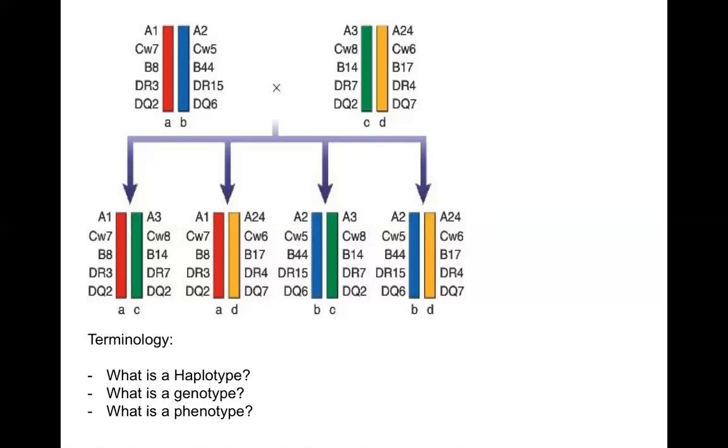The phenotype is what's actually expressed or observable. So if we go back to the hair color example, if the child inherits a brown color gene from dad and a blonde color one from mom, but the child actually has brown hair, the genotype is brown blonde. That's the complete set of genes inherited. They got a brown from dad and a blonde from mom.